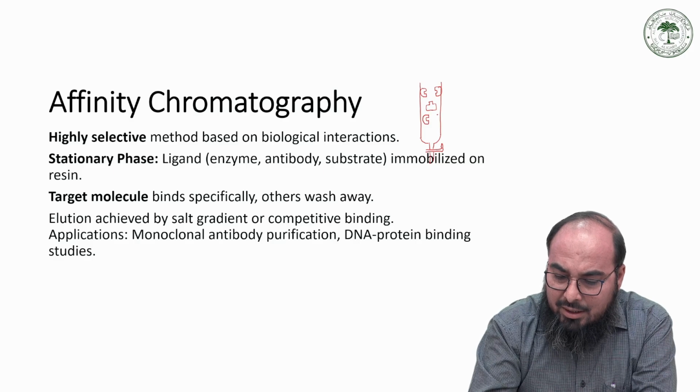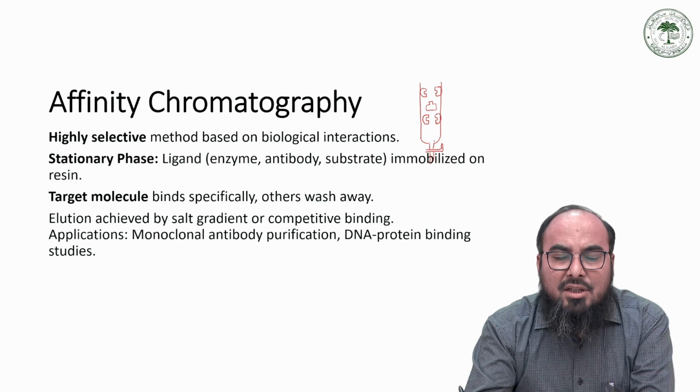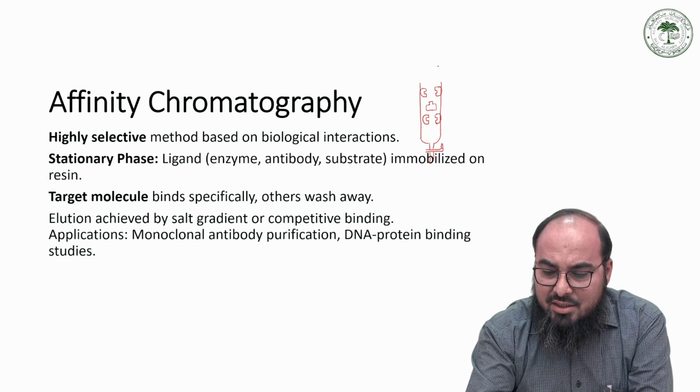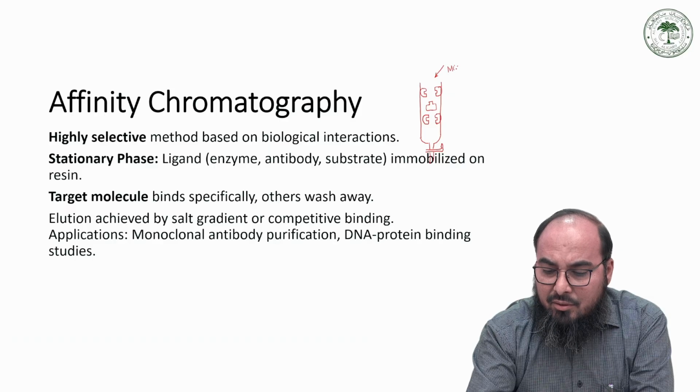Now let us suppose they have a specific type of ligand as the stationary phase, and you have a mixture which contains this type of particle: triangular, circular, and some squares.